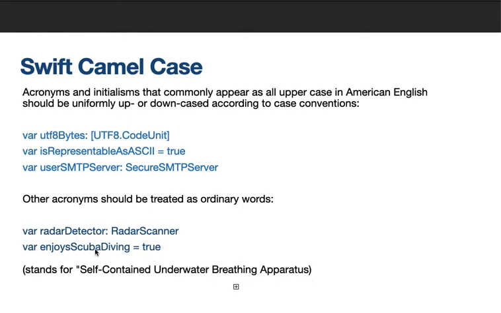This one also should be considered a normal word. So you can see that in Swift it is recommended how, based on different circumstances, you should use acronyms and camel case.